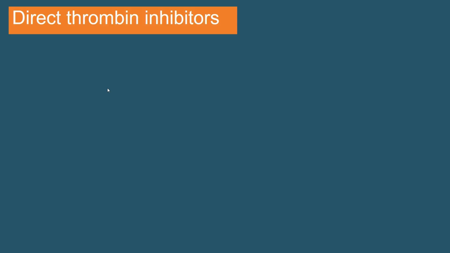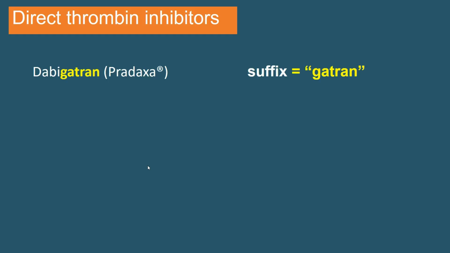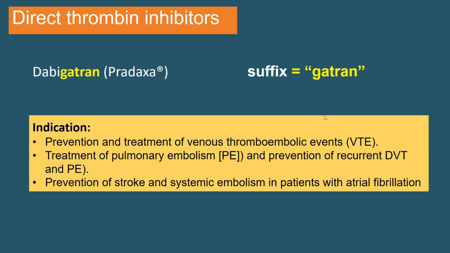Next, direct thrombin inhibitors, which are also known as DOACs, direct oral anticoagulants, such as dabigatran, and gatran is the suffix. Dabigatran is primarily used for prevention and treatment of venous thromboembolism, treatment of pulmonary embolism, prevention of recurrent deep vein thrombosis, and prevention of stroke and systemic embolism in patients with AFib.